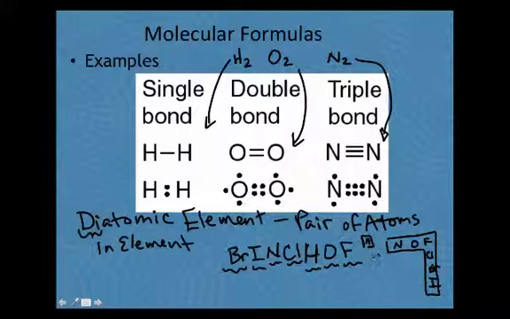But at least this will help you remember which ones are the Brinkelhoff elements, because it's going to be really important that you know what these elements look like when they're in their pure elemental form. So when you're breathing in oxygen, you're actually breathing in 2 atoms of oxygen at a time for every single molecule.